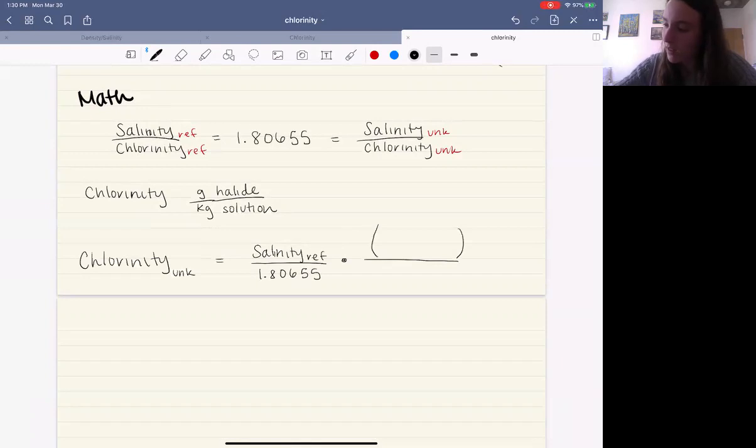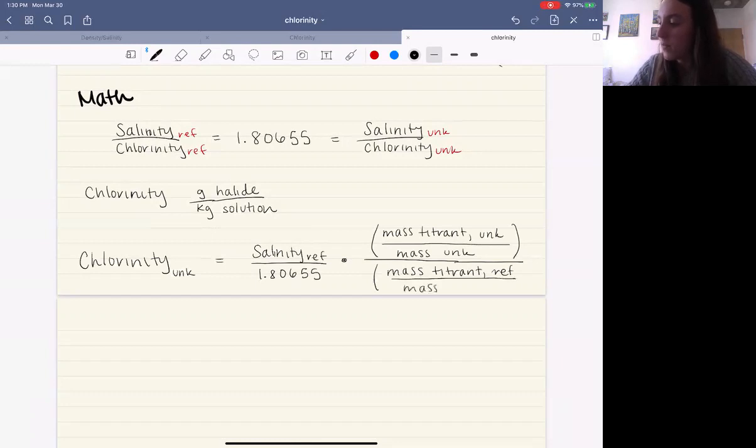We're going to take the mass of the titrant for the unknown titration and divide that by the mass of the unknown. Okay, and same goes for the reference solution. Mass of titrant for the reference titration divided by the mass of the reference solution. Okay, so that's the formula you'll want to be using in order to calculate chlorinity of all of your samples.